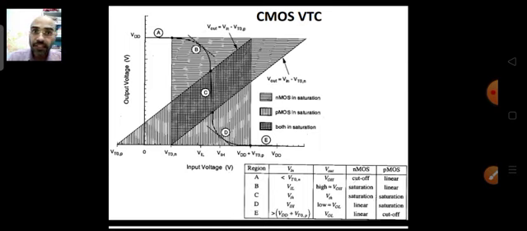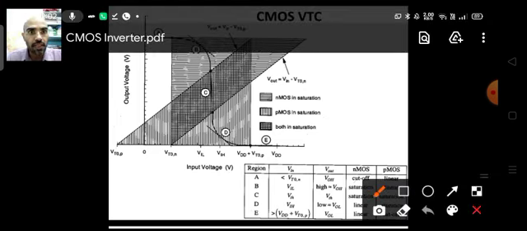Because it satisfies this condition. For this particular line which you can see here, above this line your NMOS will work in the saturation region. Why? Because here your Vout, that is your VDS, is equal to VGSN minus VTN.